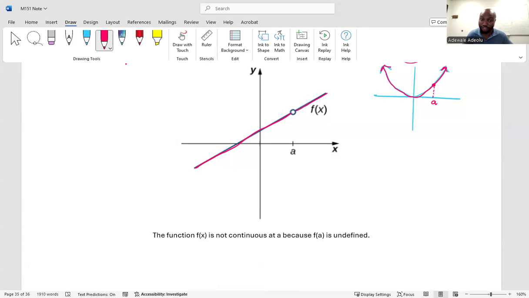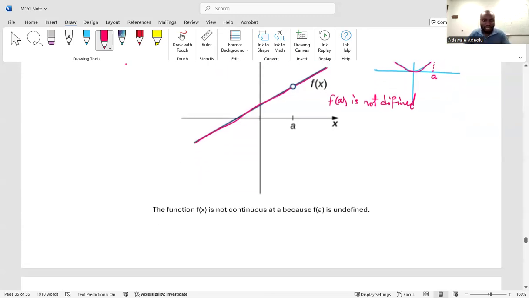So in that sense, we say f of A is not defined here, because we lifted our pen when we got to that point. So the function f of x is not continuous at A because f of A is undefined. It is not here. Look at it. It is a hole, right? It is a hole.